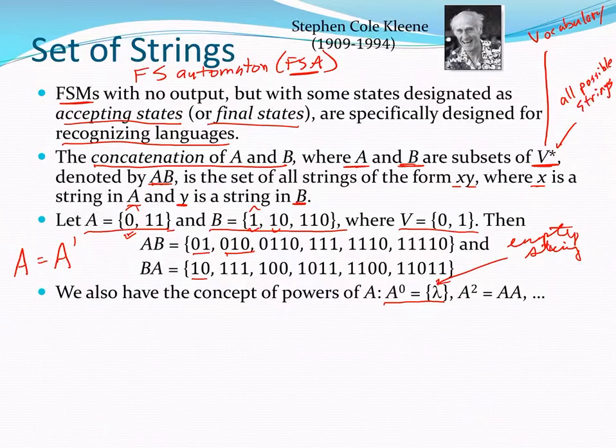A squared is the set A concatenated with itself. So all possible concatenations of an element from A with another element from A, or the same element from A. And then A cubed would be A concatenated with A squared. A to the fourth would be A cubed concatenated with A, and so forth.